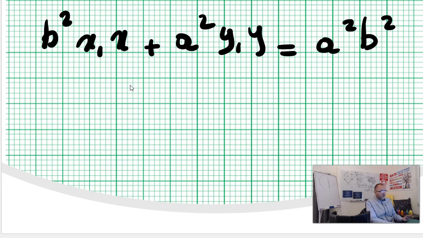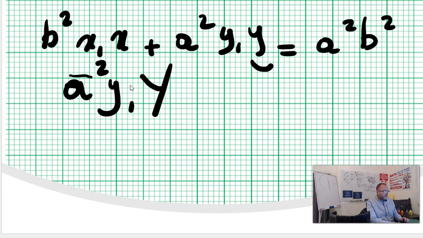Now I see the y here. Because there is proportionality, I want to move this y and isolate it by itself, the same way I write y equals mx plus b for any tangent. So I'm going to put this here: a squared y1 y. This is my y right here.